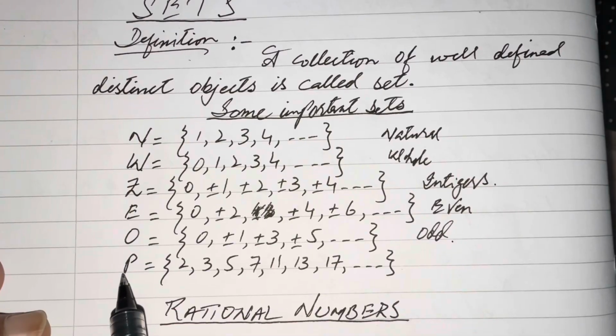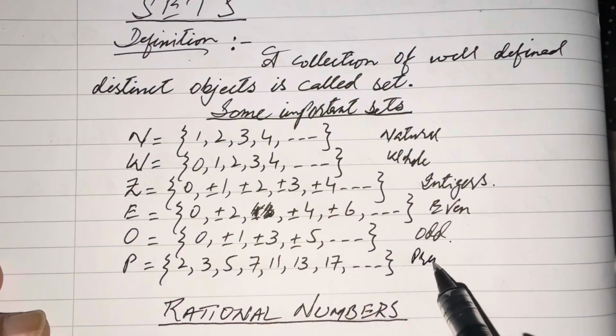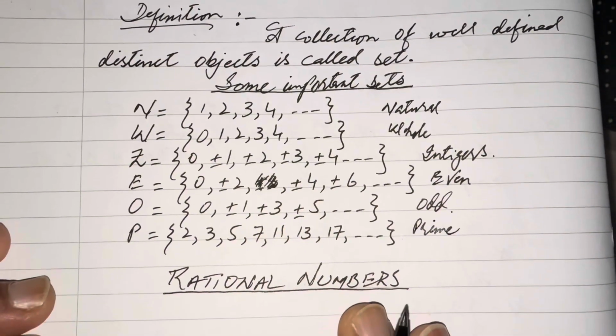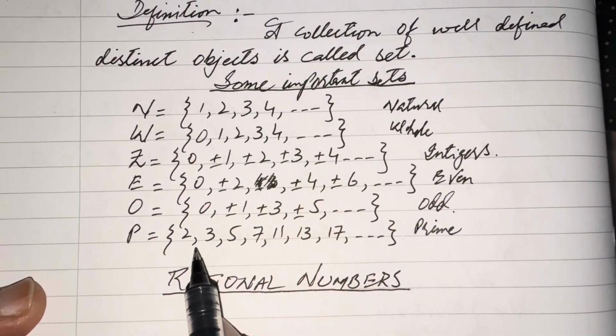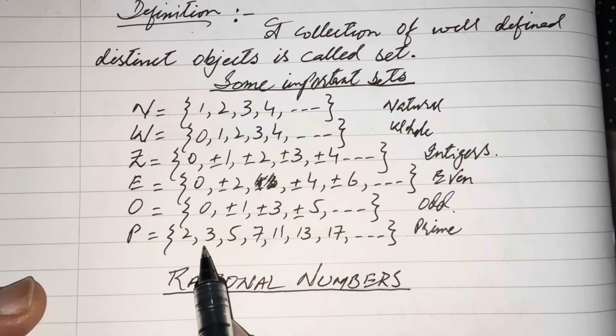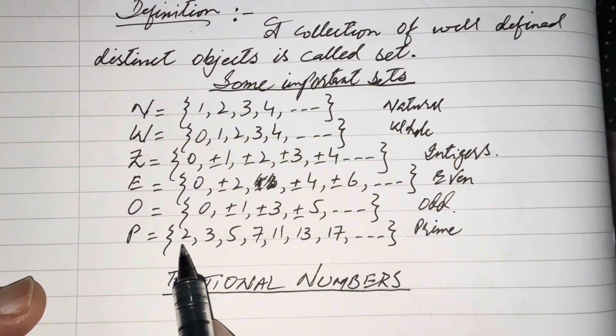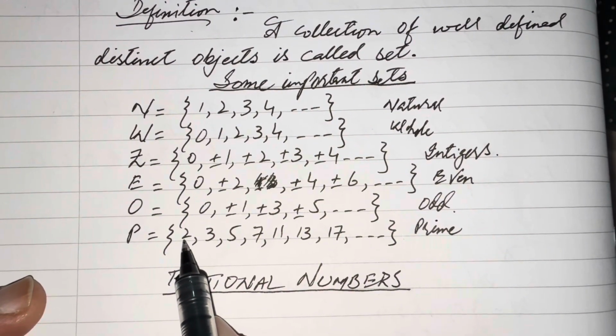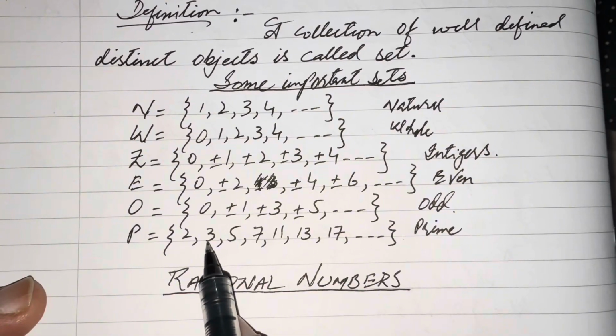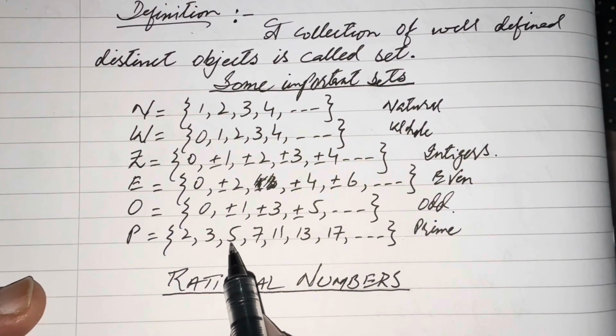And then we learned about P for prime numbers. Prime numbers are those numbers which can be divided only by 1 and by themselves. So 2 is divisible by 1 and 2, 3 is divisible by 1 and 3, 5 is divisible by 1 and 5.